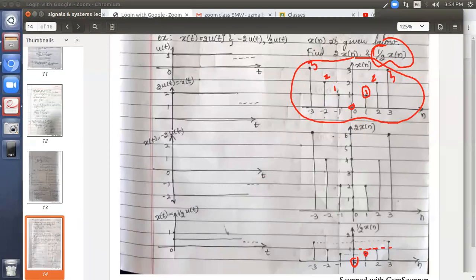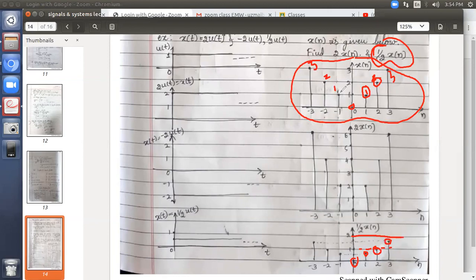It is 0.5. Then 2 into 0.5. I think 2 gets cancelled, it is 1. So at 2 you will get amplitude 1. Then 3 into 0.5, that is 3 by 2, which is 1.5. It is lesser than 2. See here, this is your 2 line, this is less than.